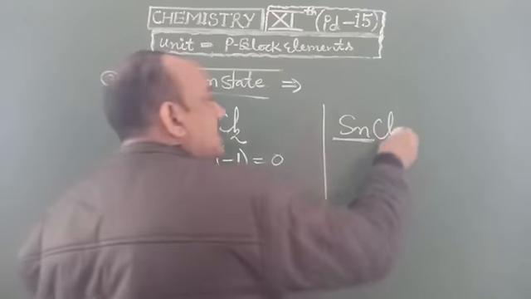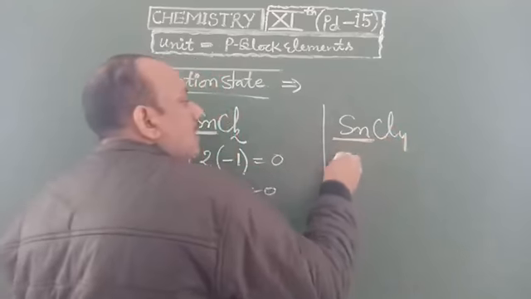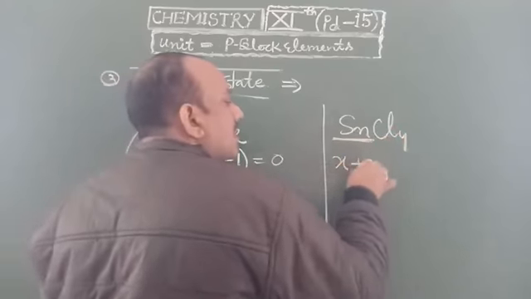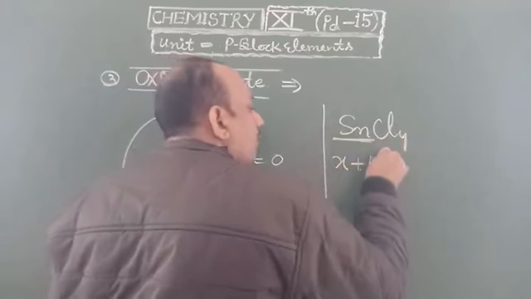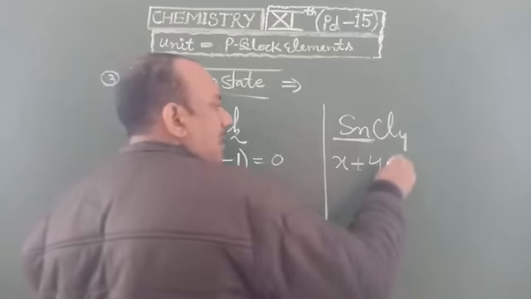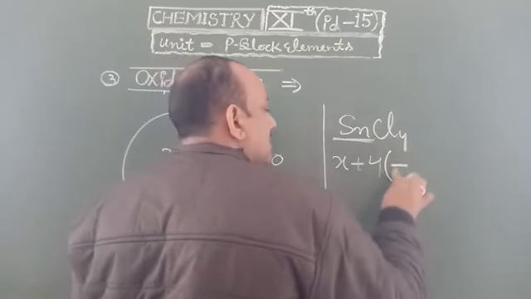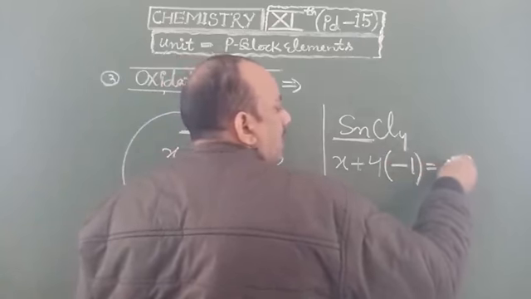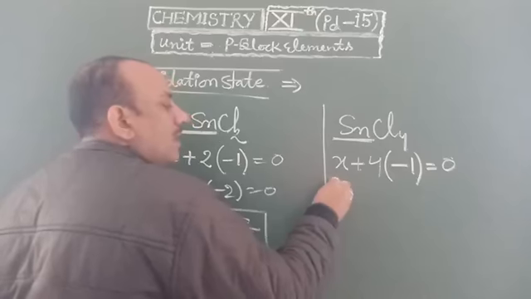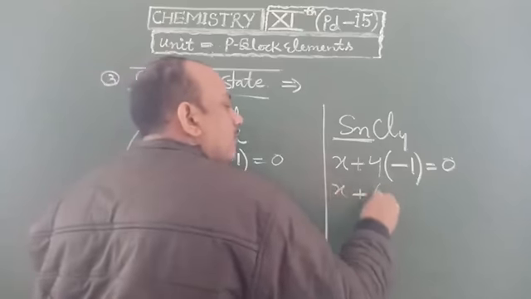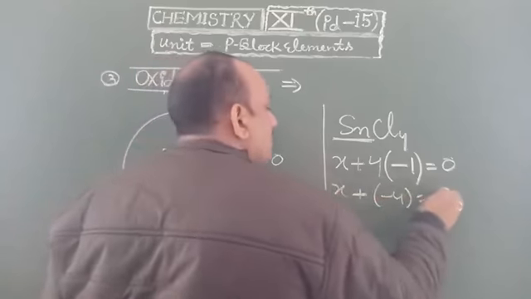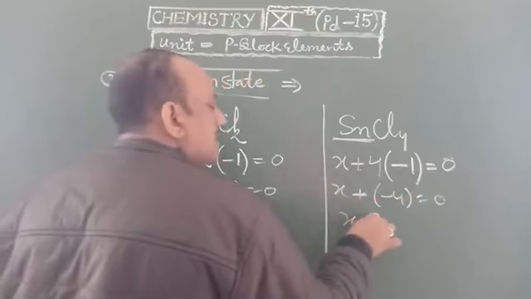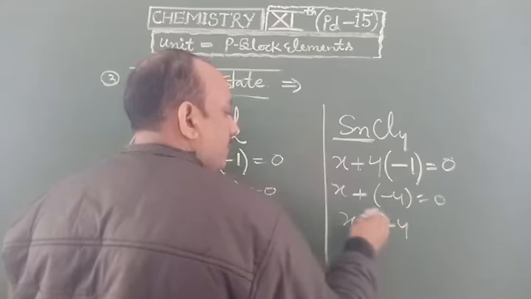For SnCl4, tin is x, 4 atoms of chlorine are available, and the oxidation state of a halogen atom is -1. Then x + (-4) = 0, then x = +4.